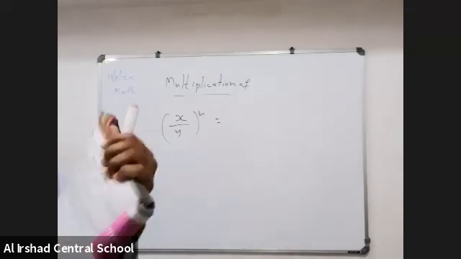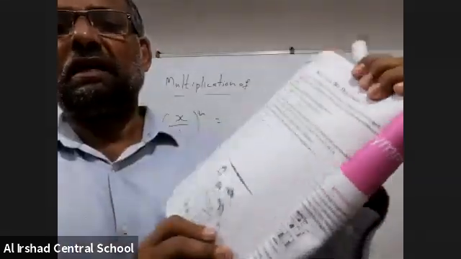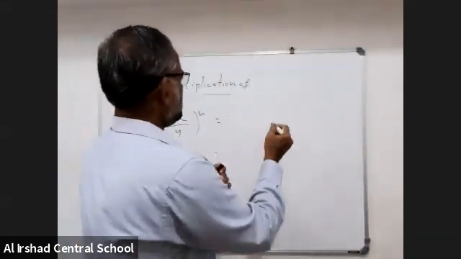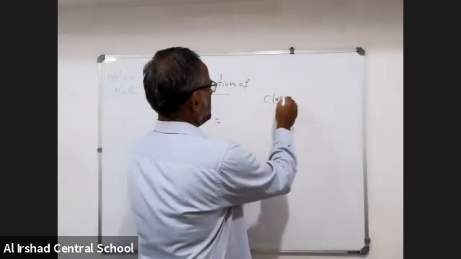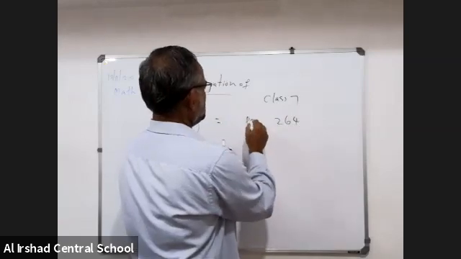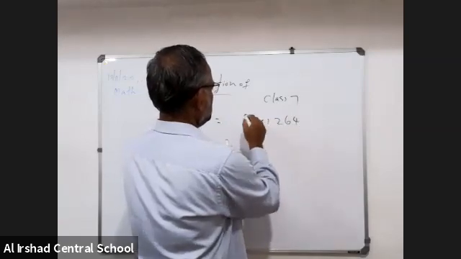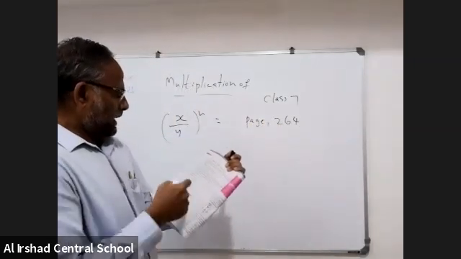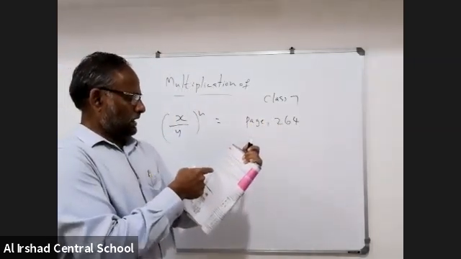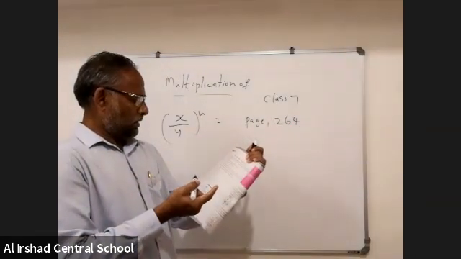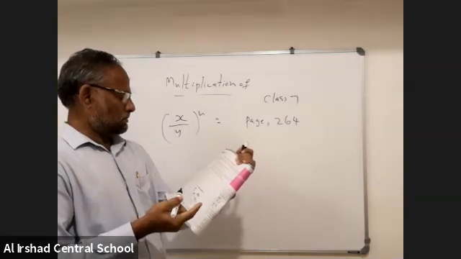All of you listen here. From home, study this page again. Class 7 book I am talking about, page number 264. a raised to m, then a raised to n, then a raised to mn. Everything I told is there.